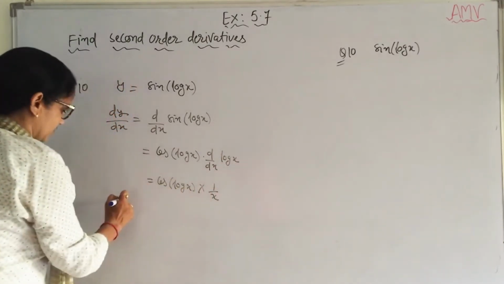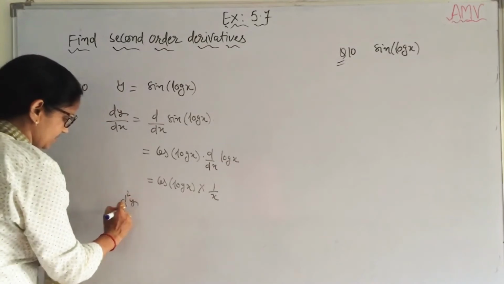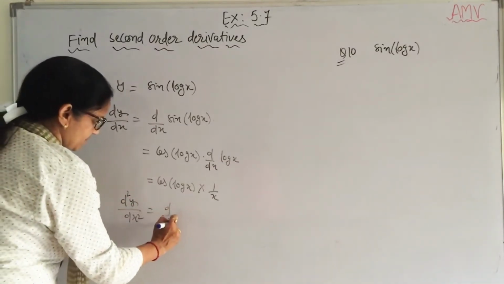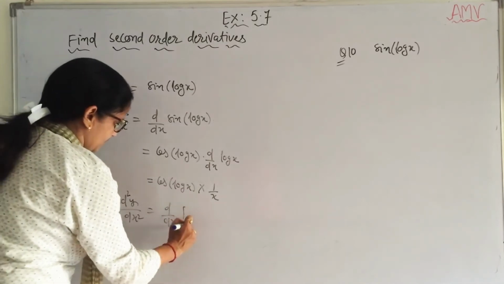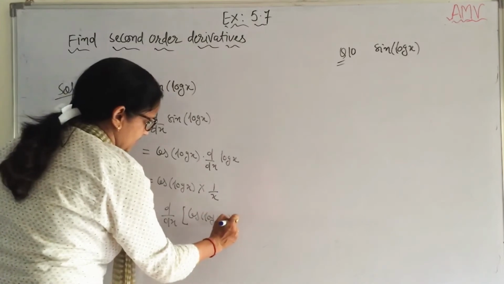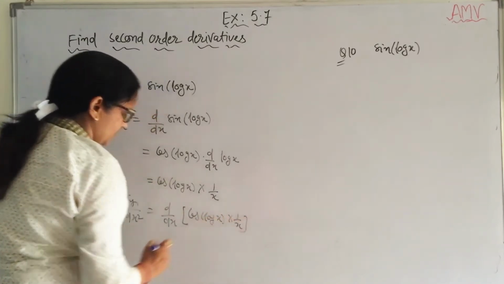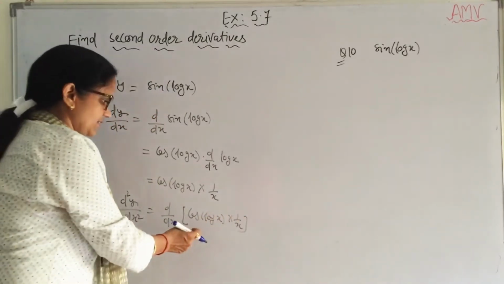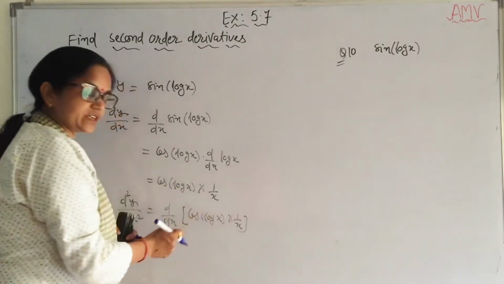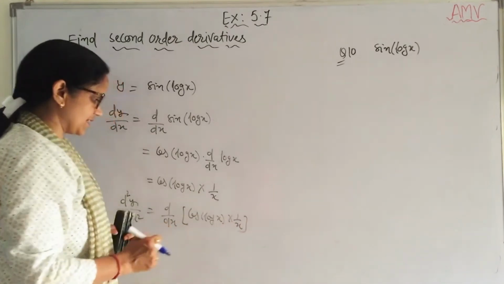Okay. Now for the second order derivative, d by dx of cos log x into 1 by x. Okay. Now we can apply the product rule. Cos log x, take first function and 1 by x as second function.